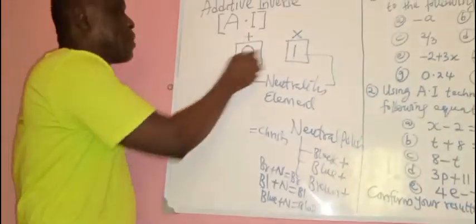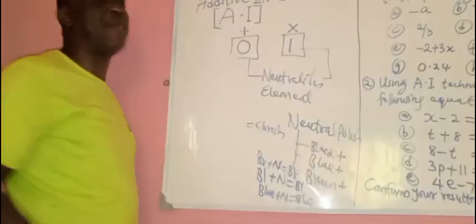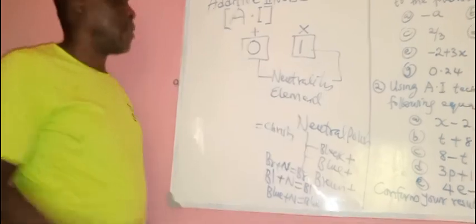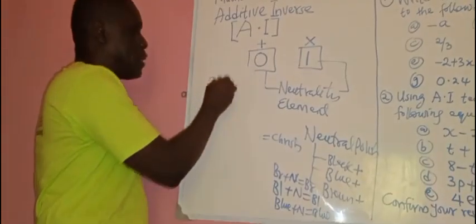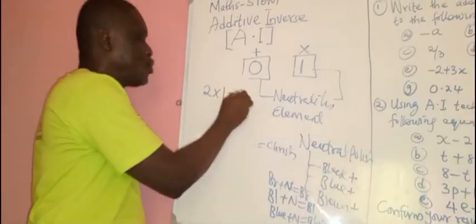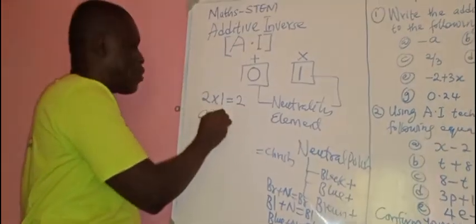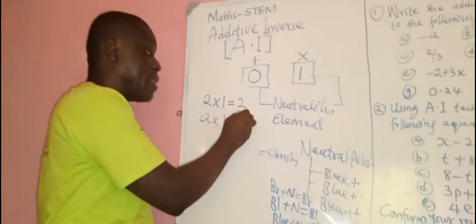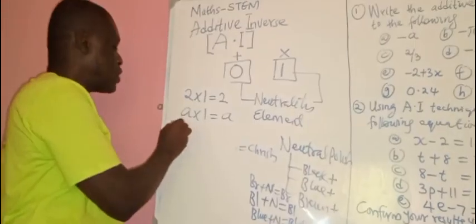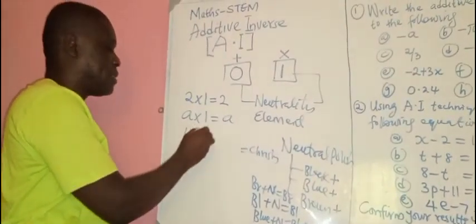Now, again, 1 also behaves like a neutral element in multiplication. Let's look at 2 times 1. What is 2 times 1? 2. It doesn't affect it. A times 1. What is A times 1? A. It doesn't affect it. What is 1 over 2 times 1?